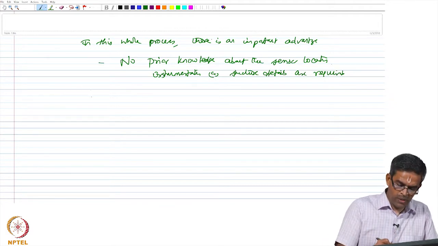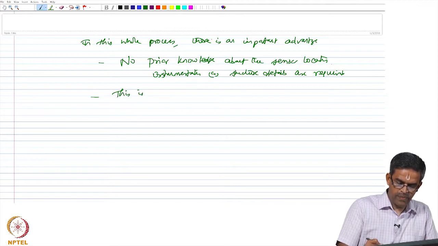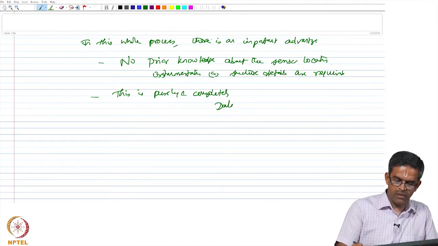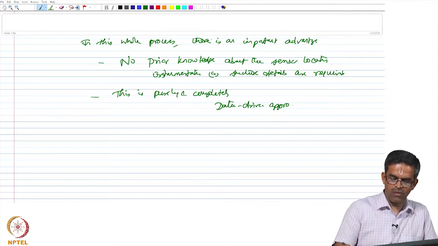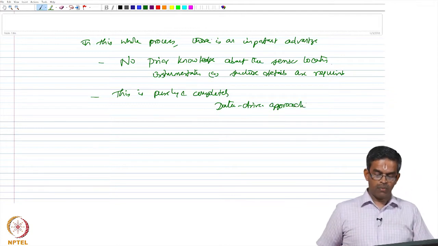This is purely and completely data driven approach, is it not? We are not looking for any physical approach problems at all.